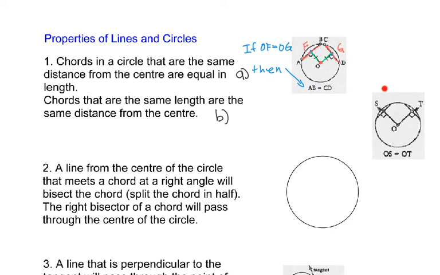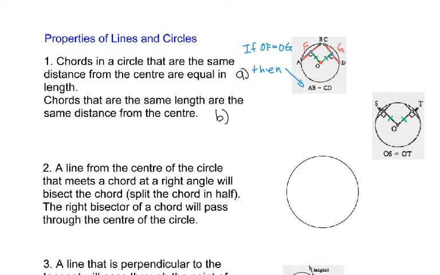If these chords are the same length, then we can guarantee that these two distances, from here to here and here to here, where it just touches the chord, are going to have exactly the same length.